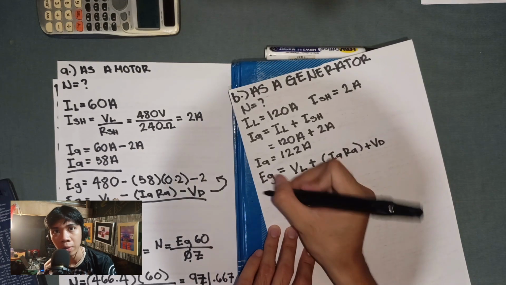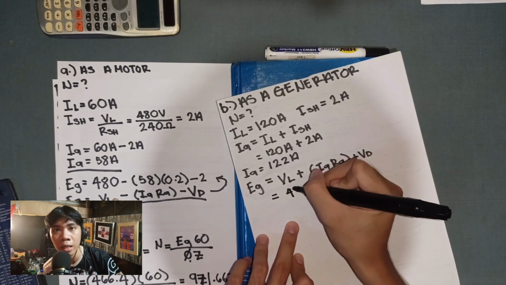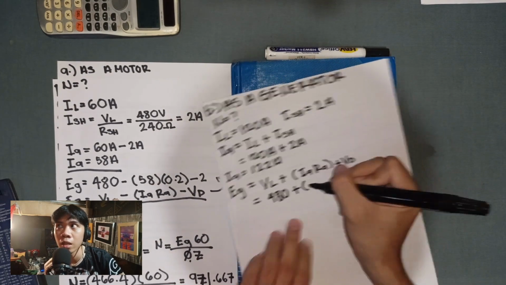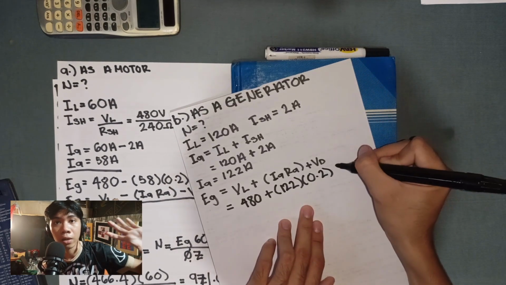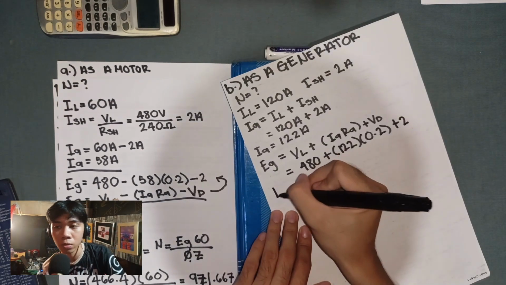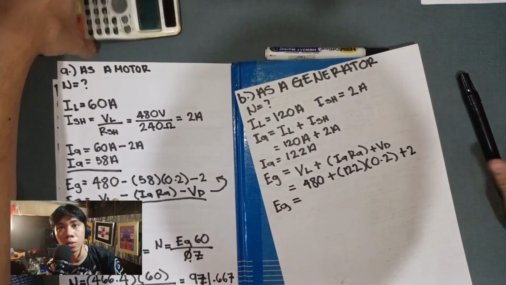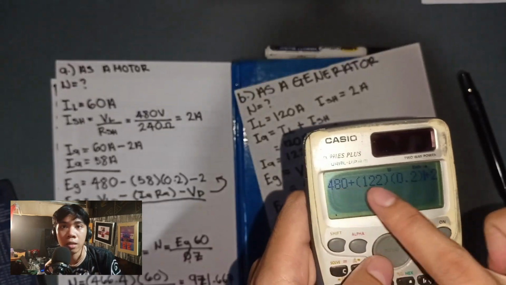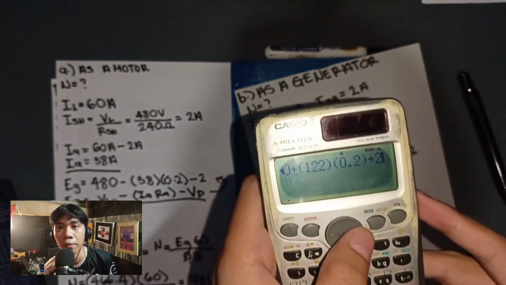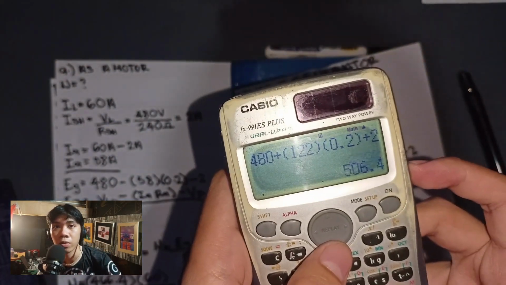Pero, in this time, unlike doon sa as a motor, yung EG formula natin, hindi siya in subtraction, but in addition siya. So, kapag na substitute na natin yung mga given, we can solve it in calculator. So, mag-equate siya sa 506.4. So, 506.4 ang ating EG.